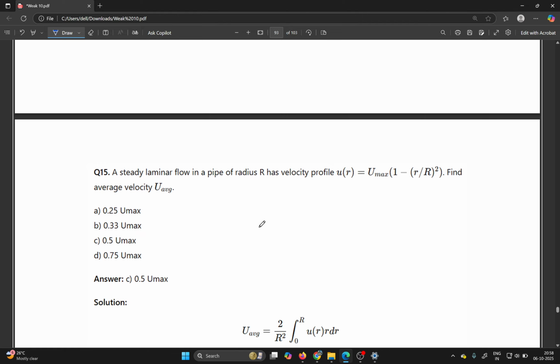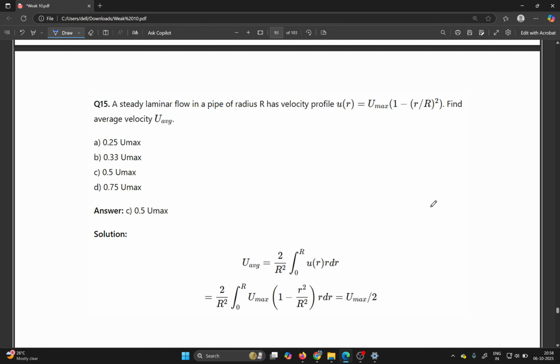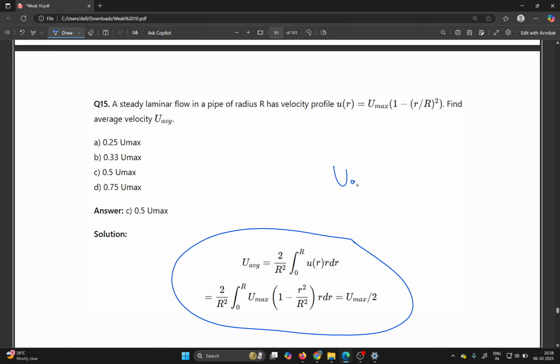So average means nothing but, here you can say, the averaging concept. One thing you need to remember, your U average in case of pipe flow, very important: U max divided by 2, or you can say U max is 2 times U average.